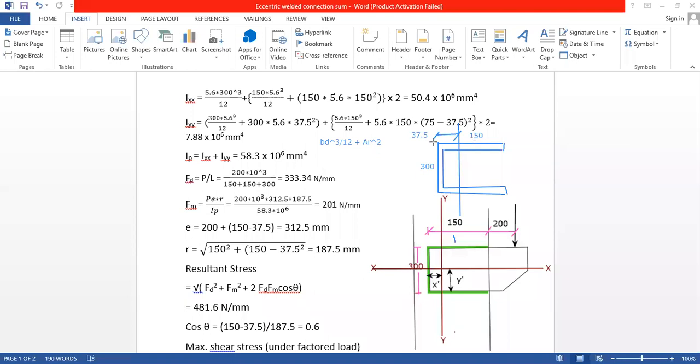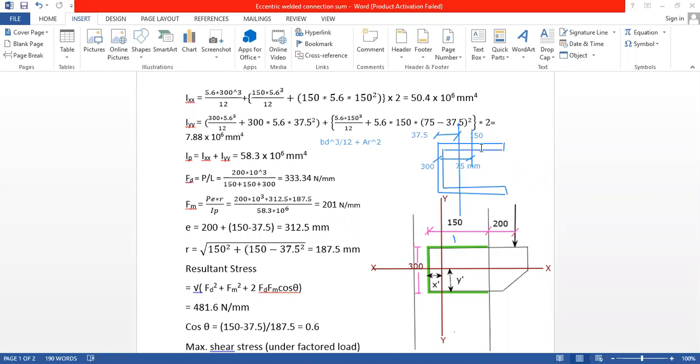the location of the centroid of this 150 mm strip is lying in the middle, somewhere here. So this distance is 75 mm. What is the distance of this y axis from the centroid of this 150 mm strip?